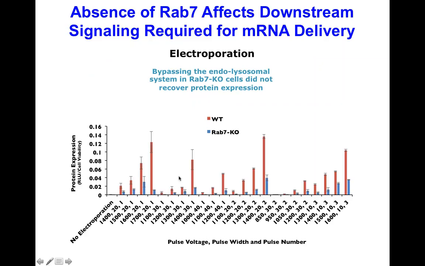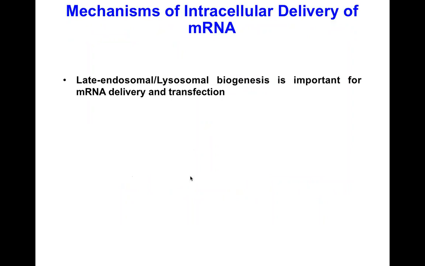And what you can see again is that even bypassing the endolysosomal system by using a RAB7 knockout cell line and by electroporating, you find the same sort of obliteration. So right now we are still figuring out what kind of downstream signaling is happening that is essential from a lysosome for gene delivery.